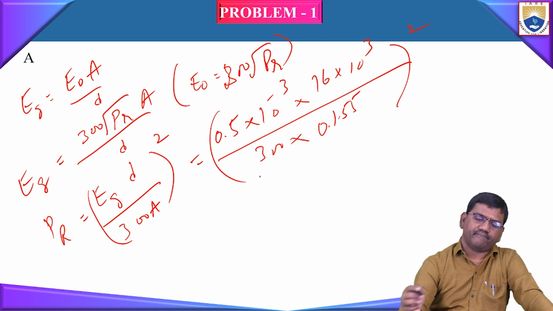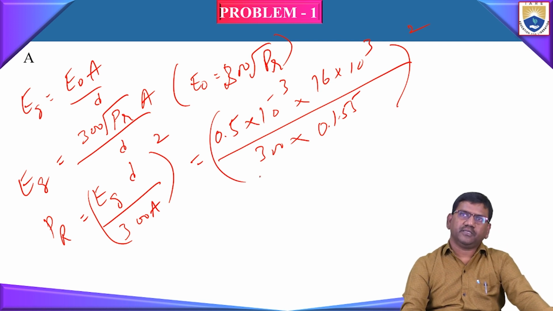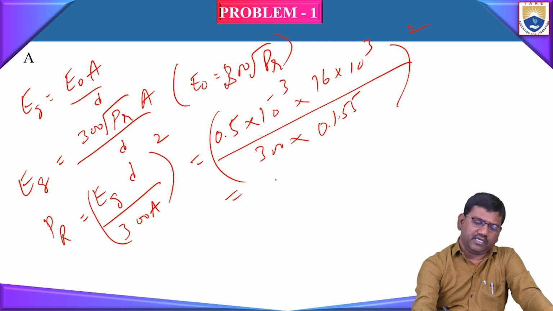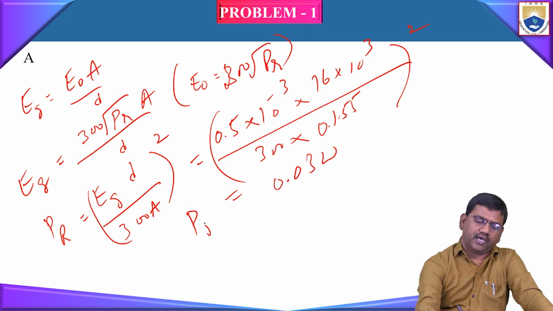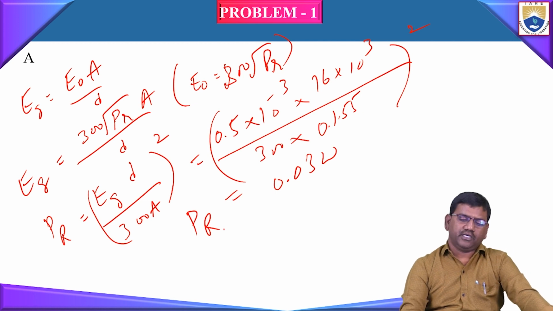So 0.5 into 10 power minus 3 into 16 into 10 power 3 by 300 into 0.155 whole square. If you simplify this, you will get the value as 0.03 watts. So PR is equal to 0.03 watts.